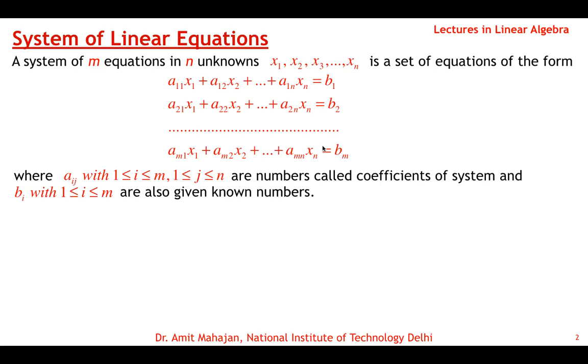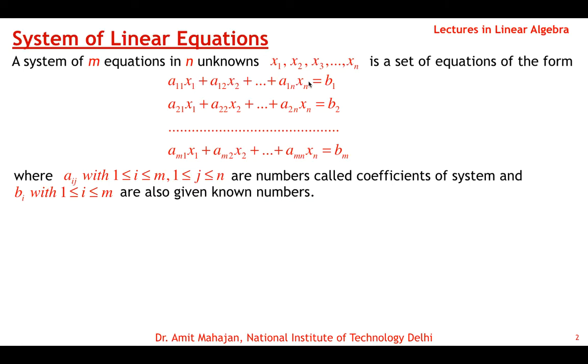Here aij with i varying from 1 to m and j varying from 1 to n, all these a11 to amn are numbers called coefficients of the system, and the right hand side bi's with i from 1 to m are also given known numbers.